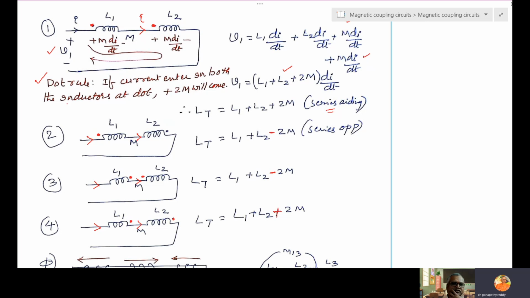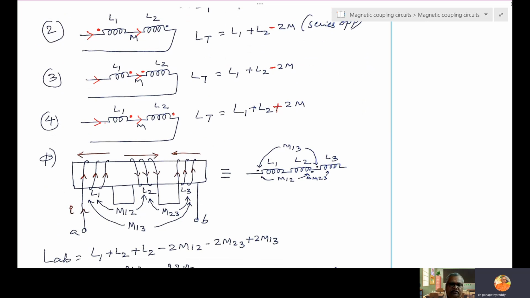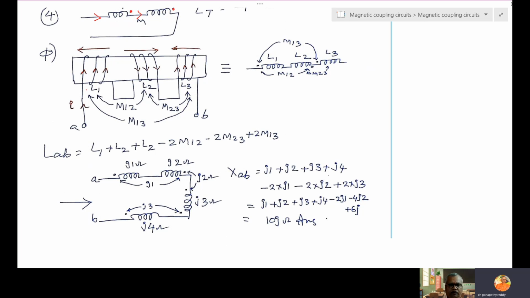So this is called the dot rule. If current enters both the inductors at dot, plus 2M will come. If entering at only one dot, minus 2M will come. If it is minus 2M, series opposite; plus 2M, series aiding. So these four combinations are very, very important to solve the problem.